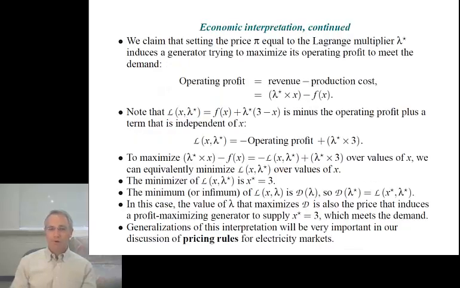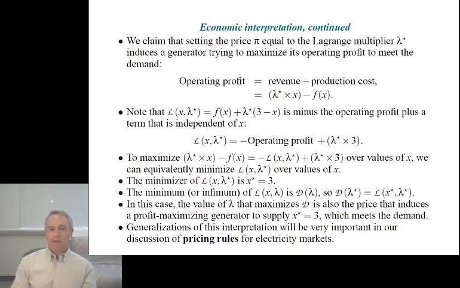Well, I'm going to observe that if the price is set equal to that Lagrange multiplier lambda star, then a generator trying to maximize its operating profit will be motivated to meet the demand. So again, the operating profit is revenue minus production cost. If we set the price pi equal to lambda star, then the revenue will be lambda star times x minus f of x, and it's going to try to maximize its operating profit.